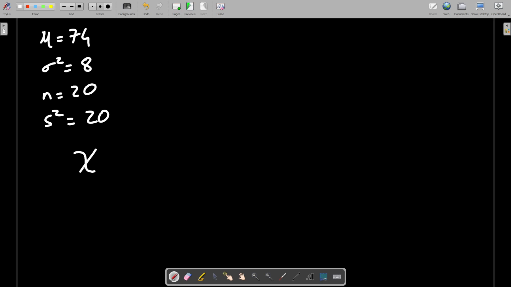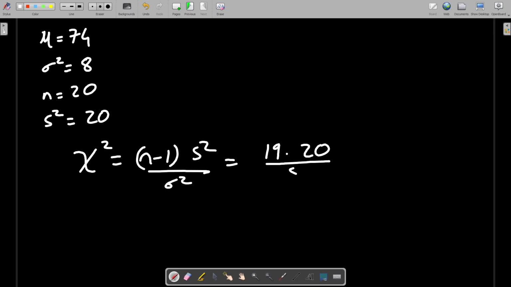So we are given mean is 74, sigma square is 8, n is 20 and the sample variance is also 20. So we know from a theorem, chi-square is equal to n minus 1 into s square upon sigma square. So this is going to become 19 into 20 upon 8. This is 380 upon 8.